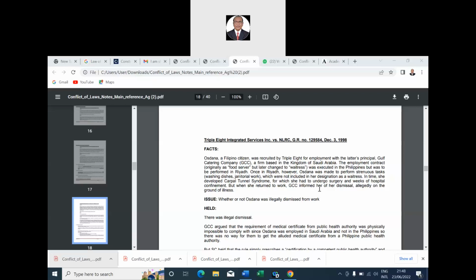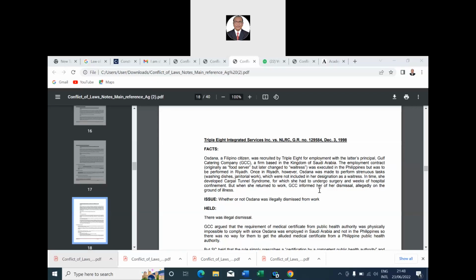At that instance, she cannot be made to work as a janitor or wash dishes, which were not included in her designation as a waitress. In time, she developed carpal tunnel syndrome. It is one of the diseases for which she had to undergo surgery and weeks of hospital confinement.